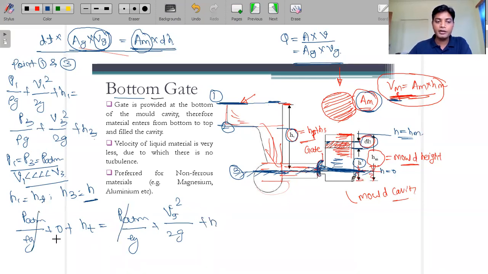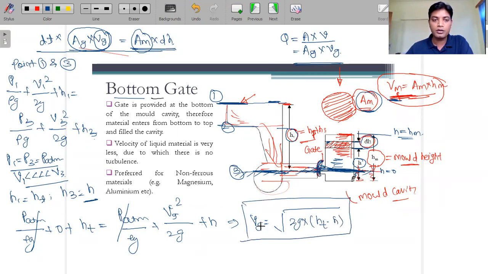So this is eliminated. Here you can get the value of Vg, that is equal to root of 2g into HT minus h, because this h will come to this side, so it becomes HT minus h. So this is the velocity.